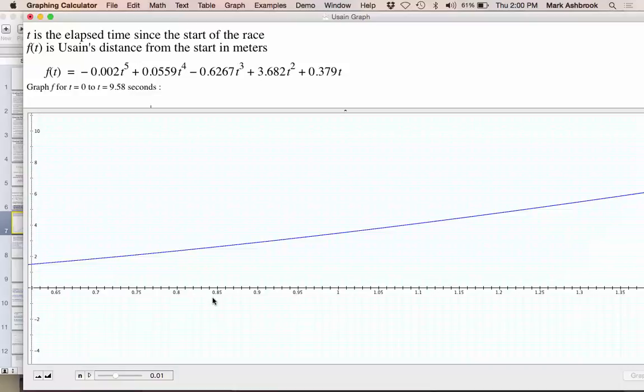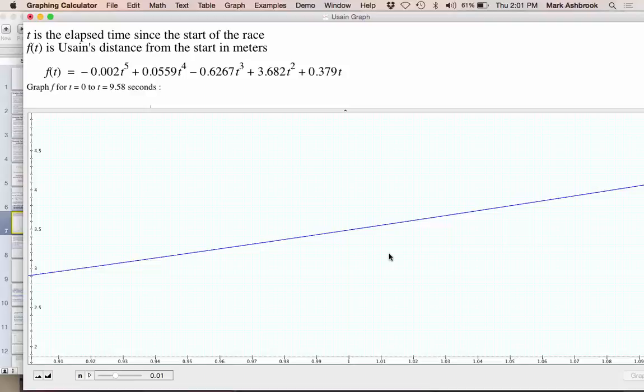So what about now? Is this showing a constant rate of change? Still a little bit curved. So let's go into, say, from 0.95 to 1.05. Let's try that. How about now?